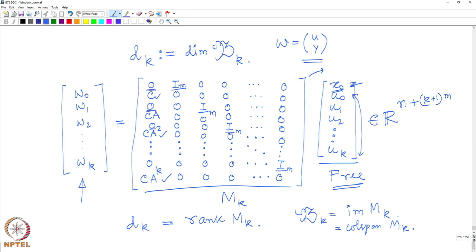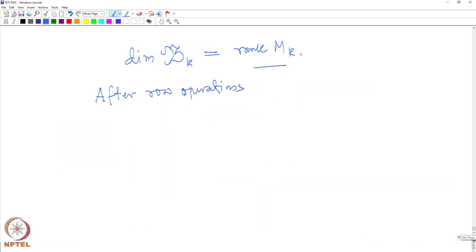So, nothing happens to this first column. Therefore, after row operations and after doing a little permutation of the rows, all I am going to get is 0 identity 0 dot dot dot 0, 0 0 identity 0, and this trend will continue.